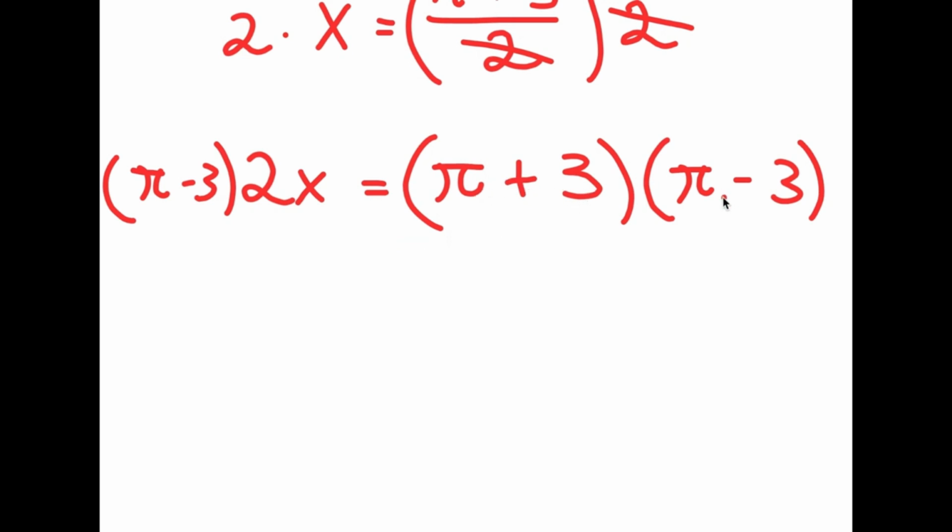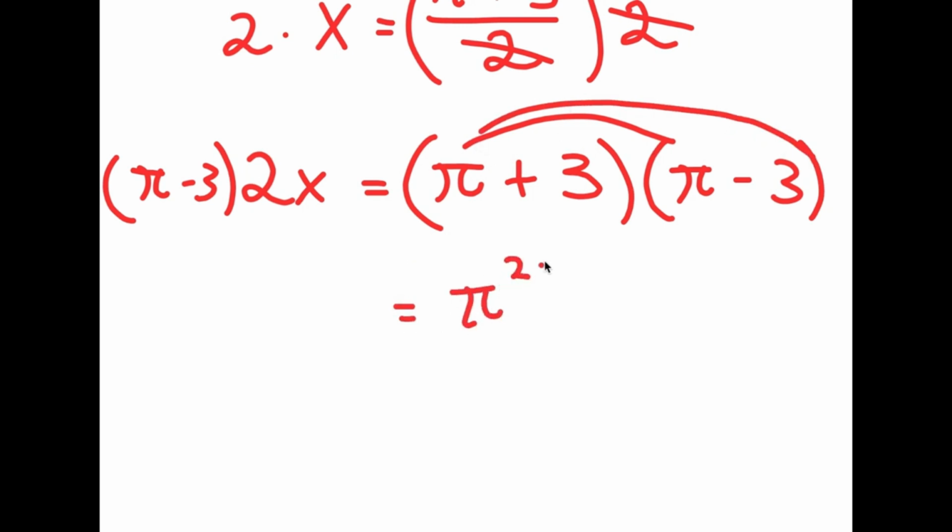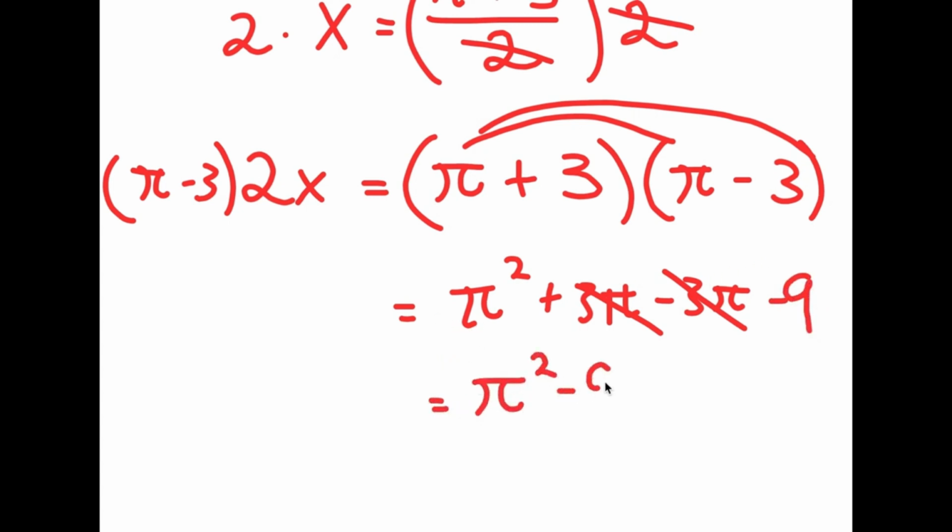Now, for (pi plus 3) times (pi minus 3), I'm going to distribute the pi, so I get pi squared plus 3 pi minus 3 pi, which simply cancel out. And then I have minus 9 at the end. So this is pi squared minus 9.